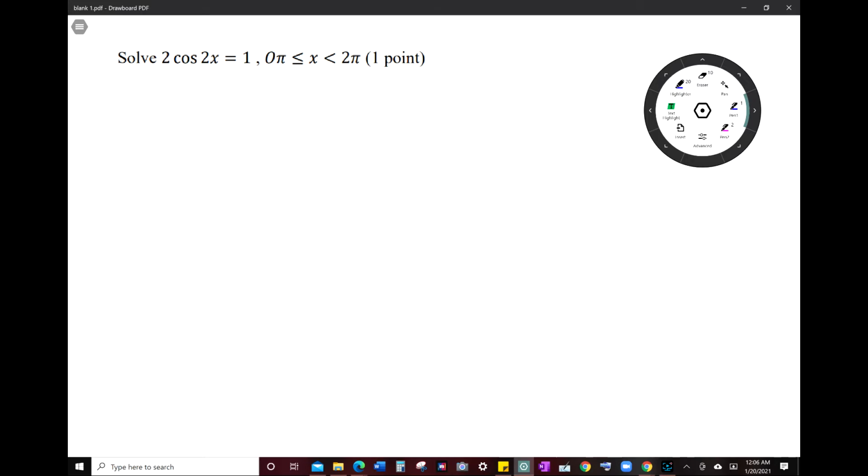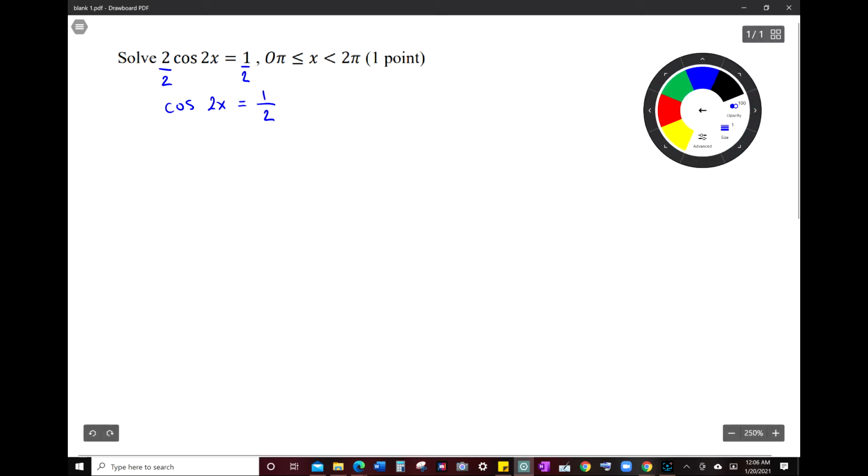So the first step is we divide by 2 on both sides. So we got cosine 2x equals 1/2. And now to make it easier for us, we'll call 2x as A. So now I have cosine of angle A equals 1/2.